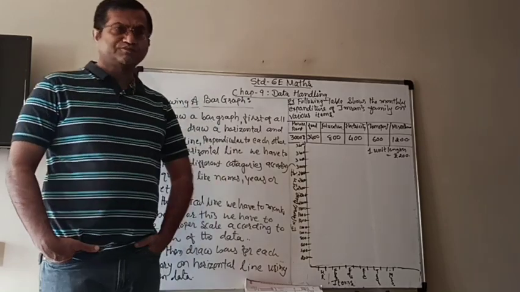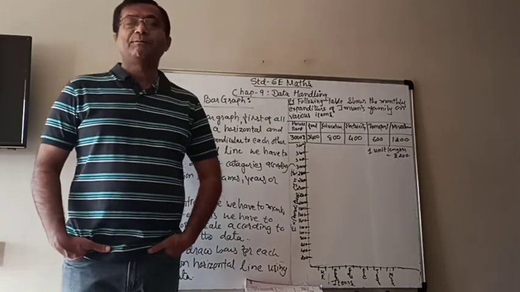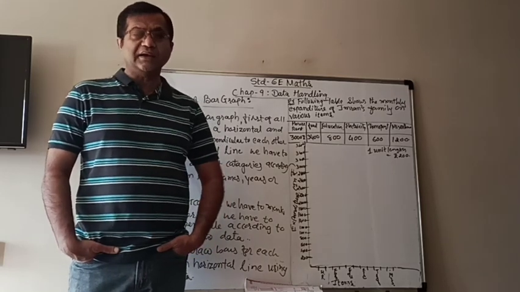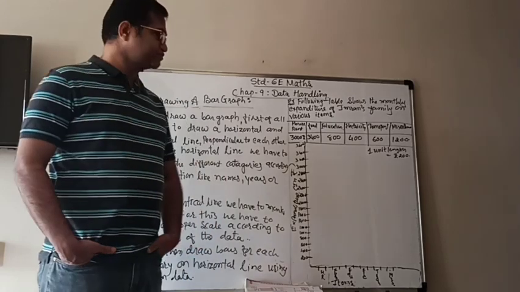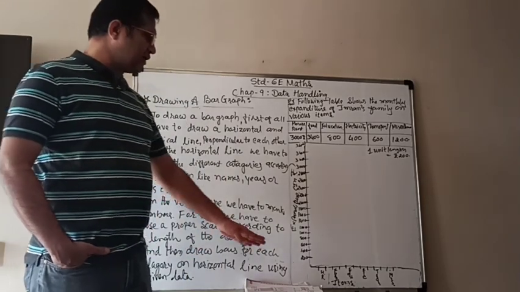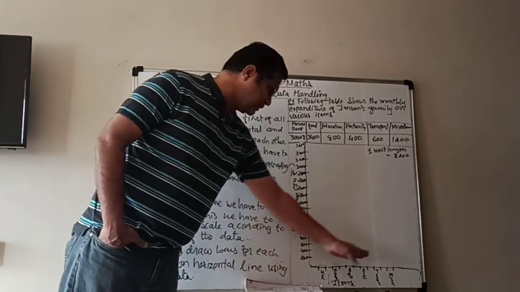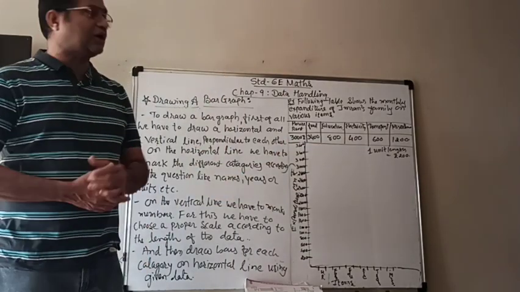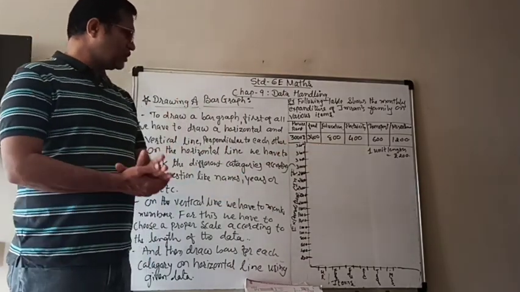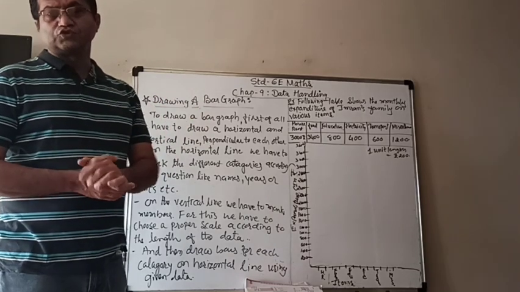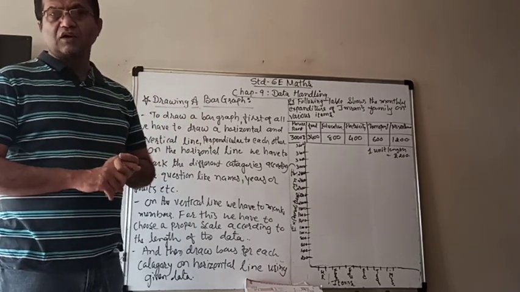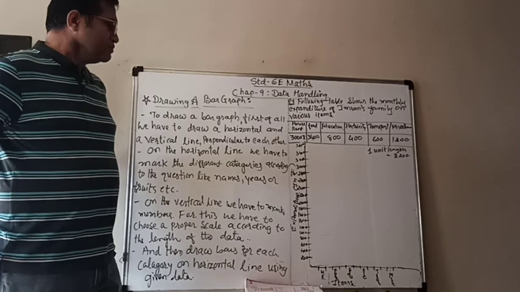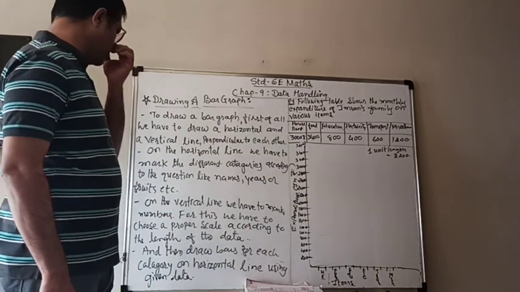So first of all, we need two perpendicular lines, one horizontal and the other vertical. You can see that I already drew them here. This is a horizontal line and a vertical line, which are exactly at 90 degrees, perpendicular to each other. So first of all we need two perpendicular lines, one horizontal and one vertical, both at 90 degrees.